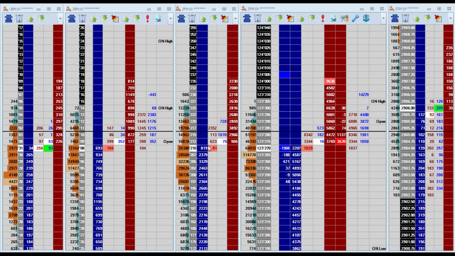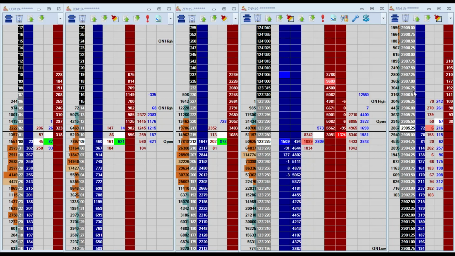That is the 5-year T-Note, or 5-year Treasury note. And then we have here is the ZN, which is the 10-year T-Note. It's primarily what I trade. And then all the way over here on the right is the ES, symbol ES. That's the E-mini S&P 500.